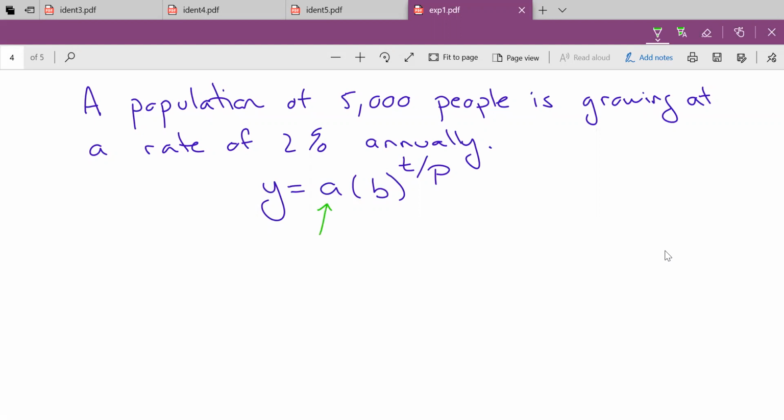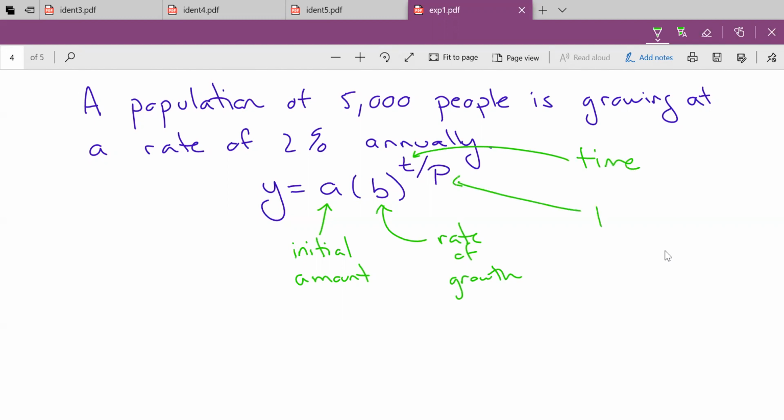A, well, we know A is our vertical stretch, but in terms of a contextual question, this is the initial amount. So it's how many people I start with. B is our rate of growth. T is time that has passed. And P, well, that's our period. It's the time it takes to repeat.